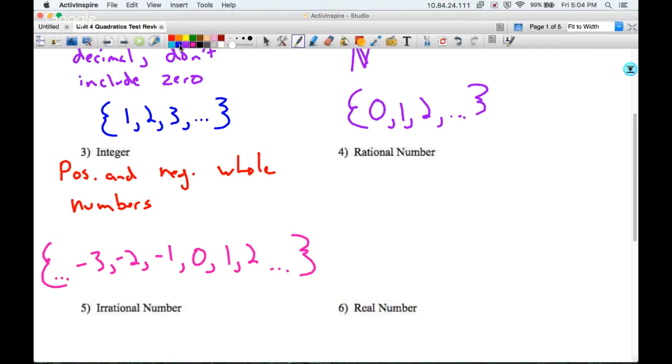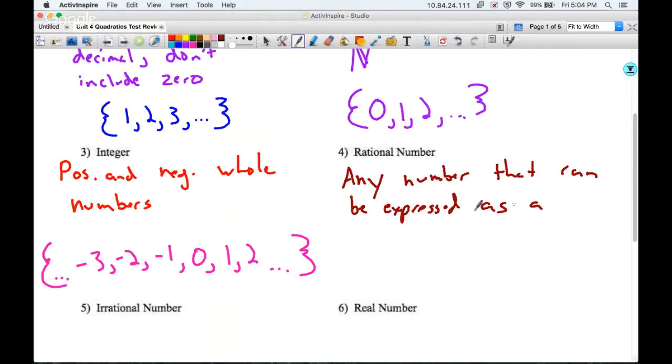Rational numbers, those are any number that can be expressed as the ratio or quotient of two integers. So any number that can be expressed as a fraction of two integers.